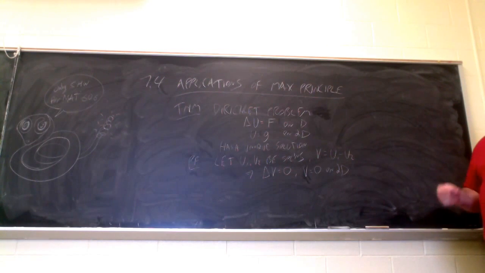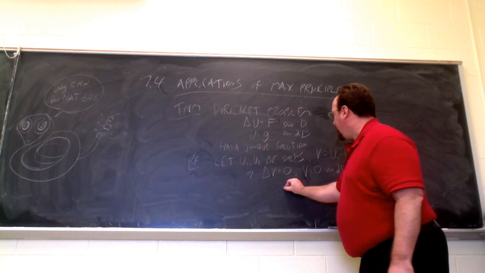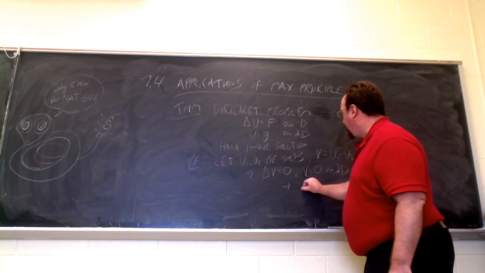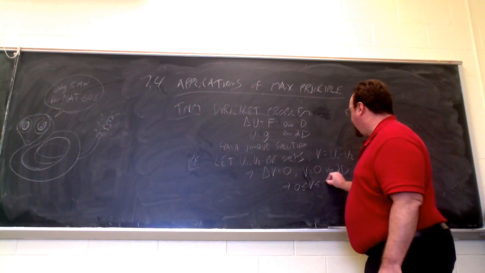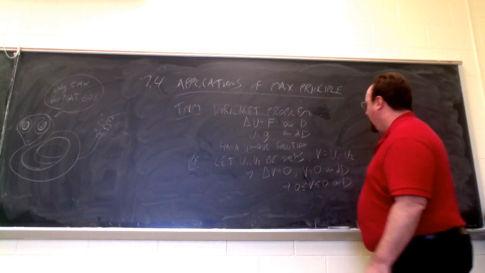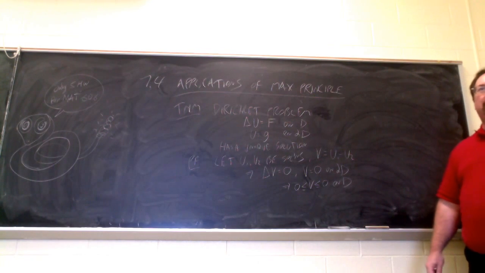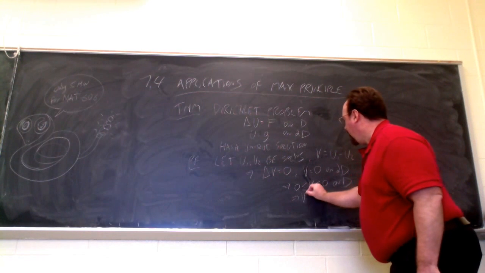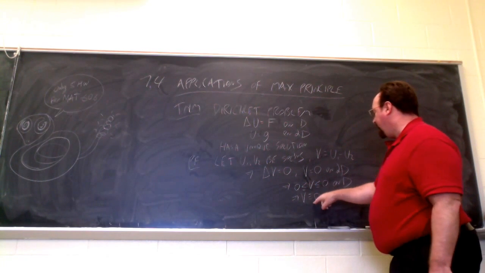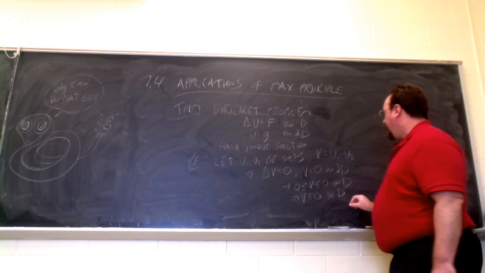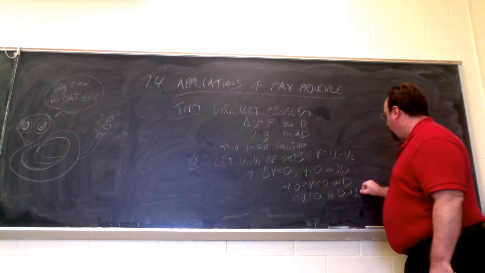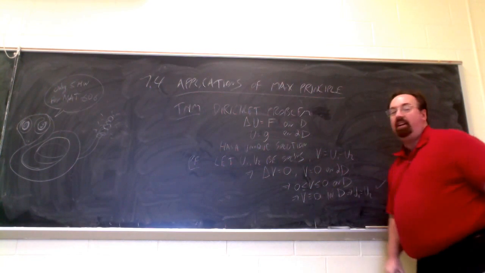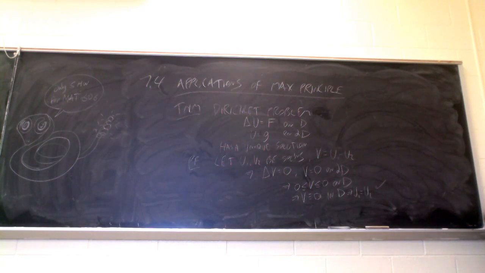But V must assume its maximum and minimum on the boundary. So that means V must be greater than or equal to 0, a minimum, and less than or equal to 0. So it's constrained on both sides by 0 within the domain, so V is identically equal to 0 in D. So U1 equals U2, and the solution is unique.